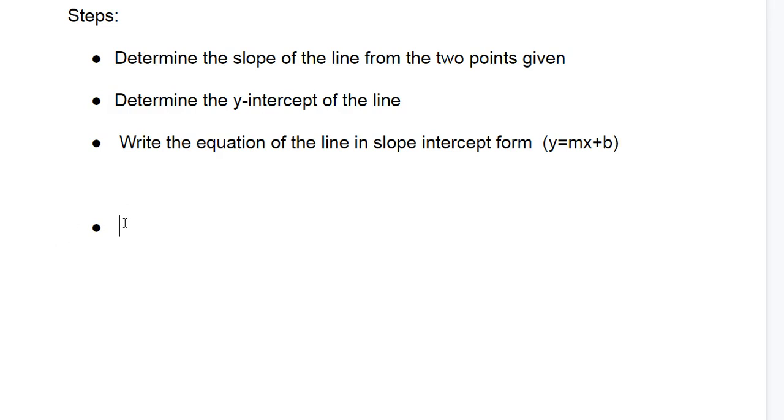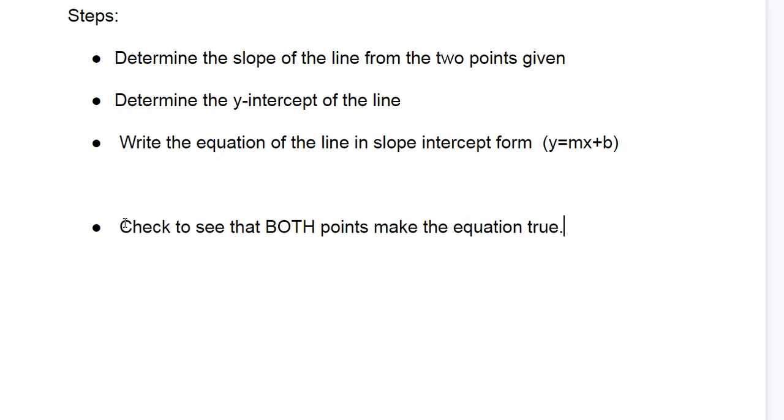Finally, we want to check to see that both points make the equation true. So that's a big step. Make sure that both points make the equation true. If one does but not the other, then you've got an equation where one point is on the line but not the other. So let's take a look at a few examples.